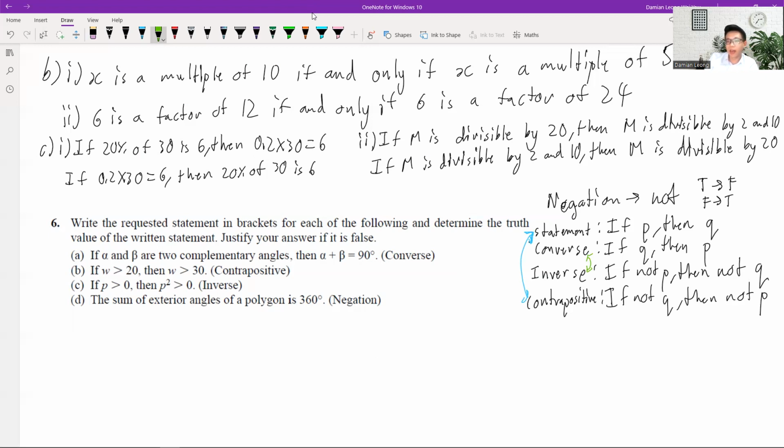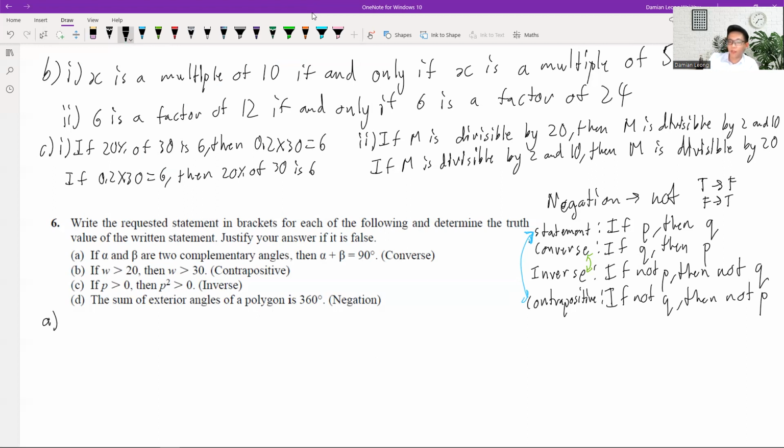Justify: basically, we can always use either a counter example or an explanation, but that's only if it's false. If it's true, no need for any explanation. One good way to explain why something is false would be using counter examples.